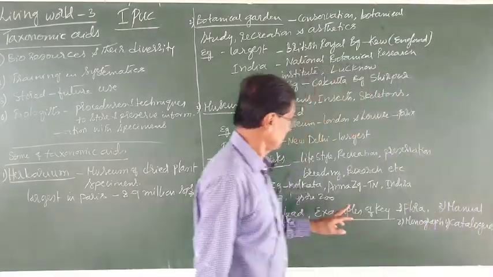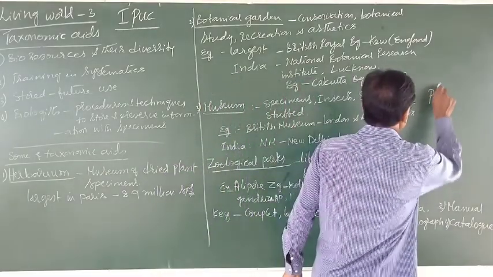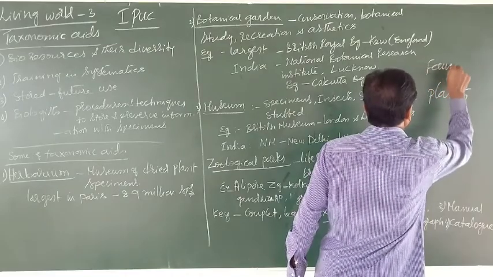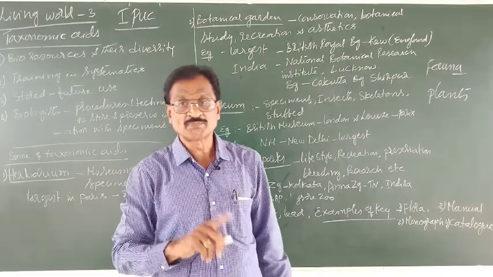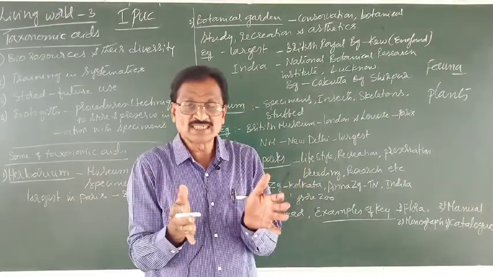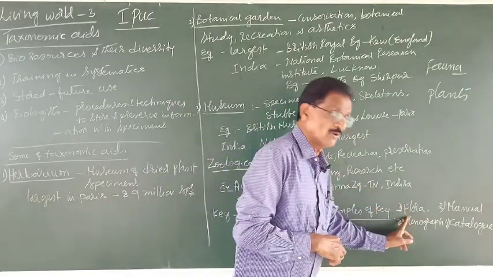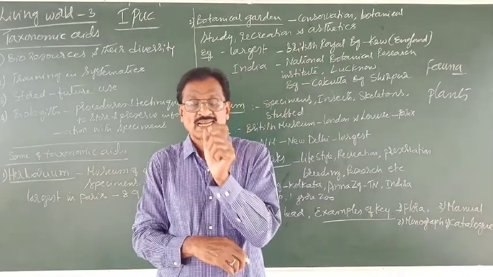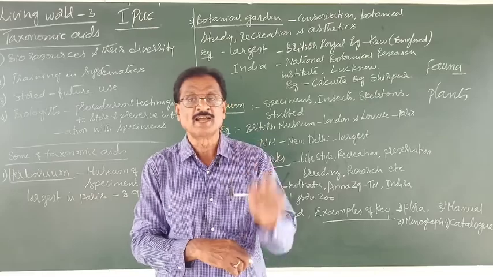Examples of key are flora. Flora means nothing but plants. Fauna means animals. Flora and fauna means plants and animals. Now let us confine ourselves to the word flora. Flora means plants found in a given geographical area.